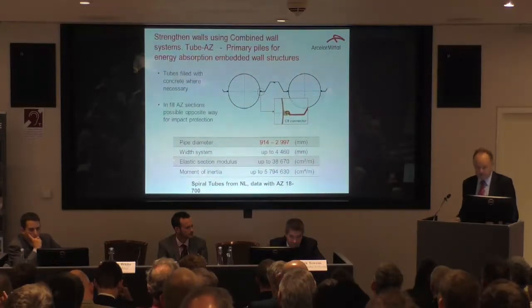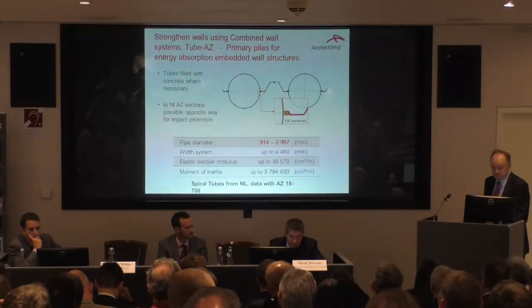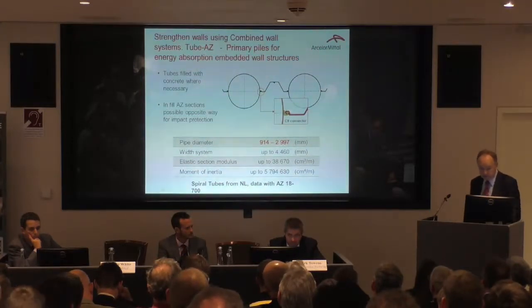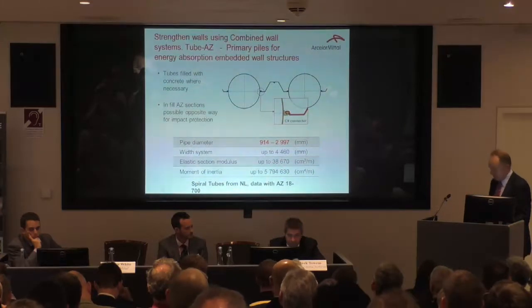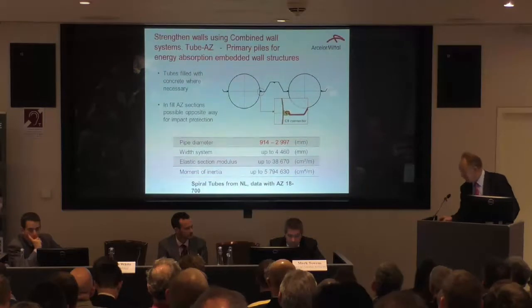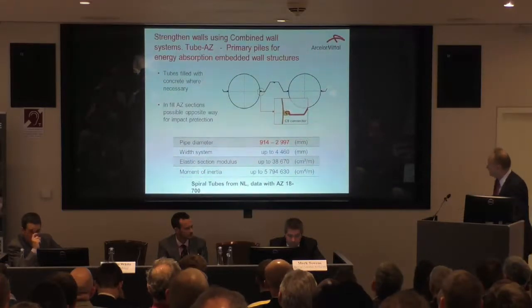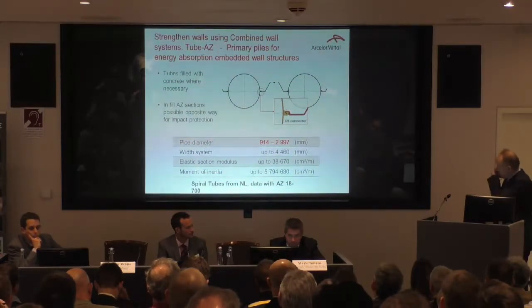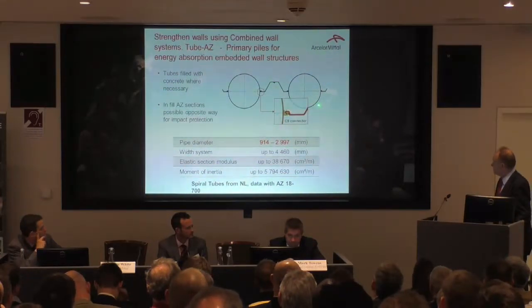So one of the best ways to strengthen walls for resilience is by using combi wall type design. In this case we have tubes. So tubes can increase stiffness, for a 1 to 1.4 meter diameter tube, you can have EI bumping up to something like 1 to 2 million kilonewton meters squared per meter.